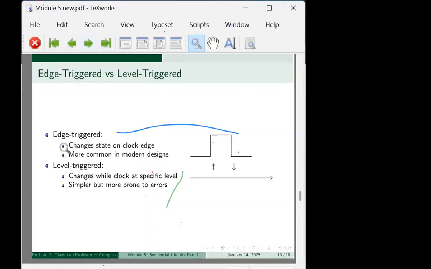Then we talk about edge triggered. Now, if you look at this arrow, it's pointing to this edge. This other one is also pointing to this edge. This signal is coming this way. At this edge, there is a trigger that pushes this signal up. So when we say edge trigger, we're talking about a change of states at the clock edge. Remember, we're looking at the axis of time.